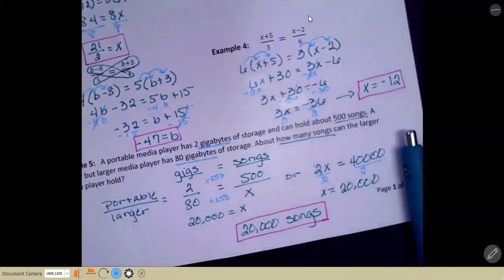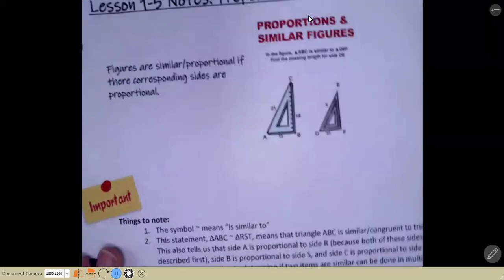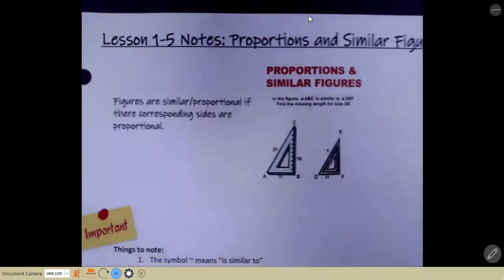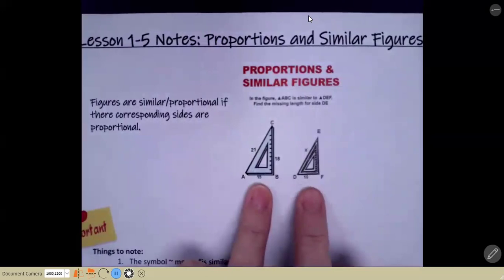That is lesson 1-4. Any questions? Okay, we're going to move on to lesson 1-5. There's only 4 questions, but the difficulty with this is the ability to set up a proportion. So this one is proportions with similar figures, such as 2 triangles.